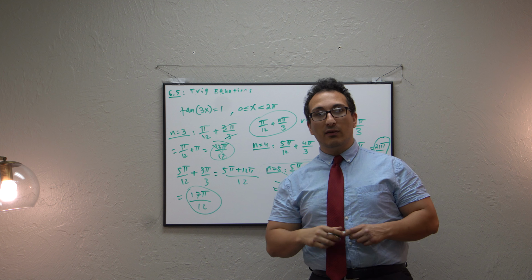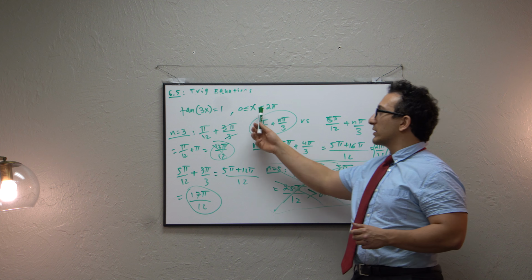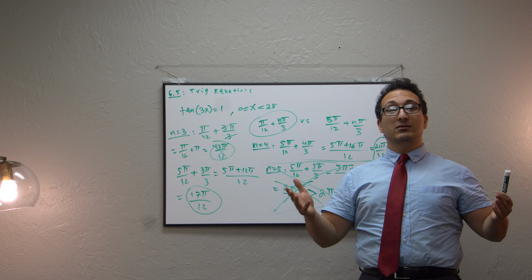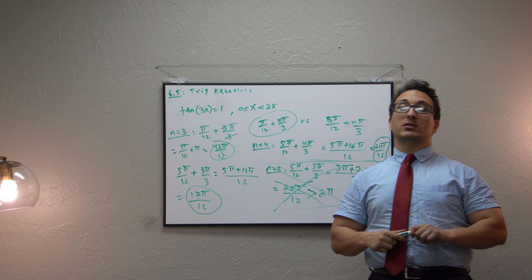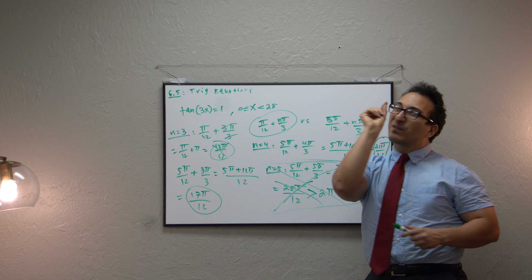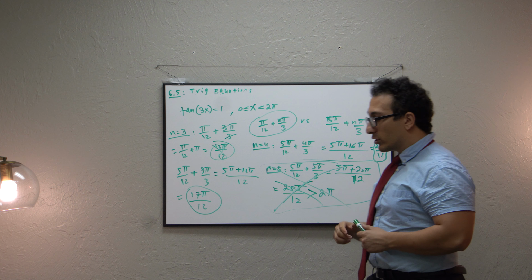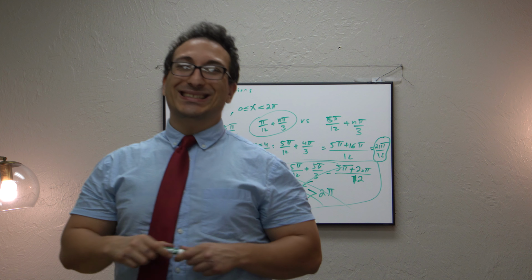Whenever you do that and you solve for x, you must do this iterative process, especially if it gives you a restricted interval. Okay? If it doesn't give you a restricted interval, then you can leave it in general, because technically an infinite amount of solutions exist. But for this restricted interval, a finite amount of solutions exist. And so we must determine all of those finite solutions.